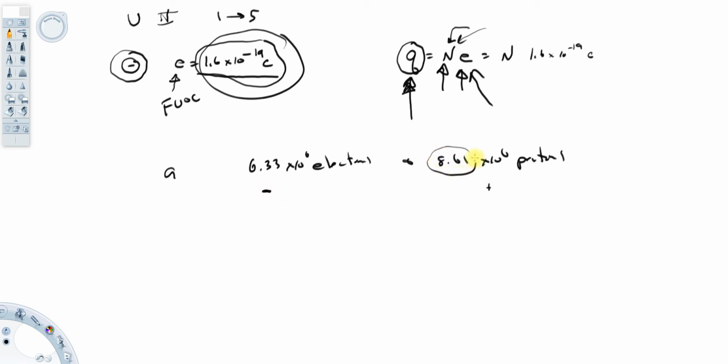So if you take the difference between these two numbers, technically including the 10 to the 6th, that's going to tell you how many extra protons there are. Okay? And once you know how many extra protons there are, then we can apply this: Q is equal to n times e, where this n is going to be the number of extra protons, and then the e will be the fundamental unit of charge, 1.6 times 10 to the minus 19th coulombs.